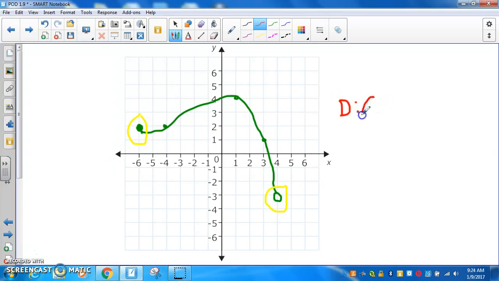Starting at -6, I'm using parentheses now, and ending at 4. Because I'm introducing this open-close thing, I need to have a way to write that in my domain. And what this basically means is that this line approaches 4, but it doesn't actually include this point. This point is actually not in the domain. It goes right up until then, but then doesn't exist.